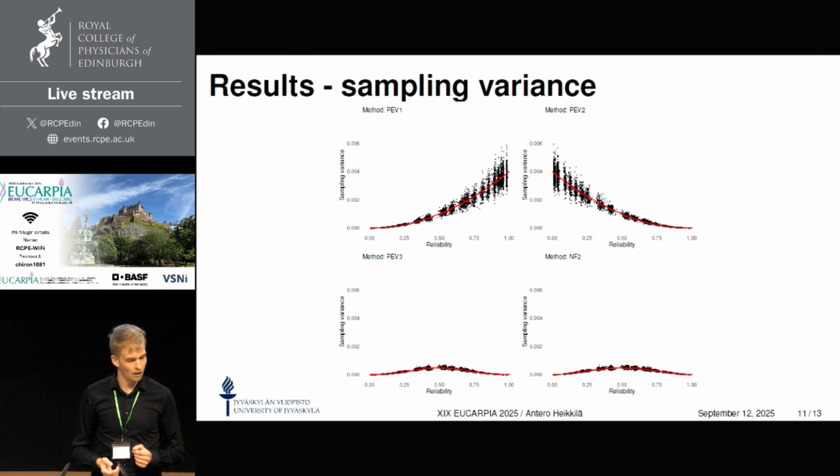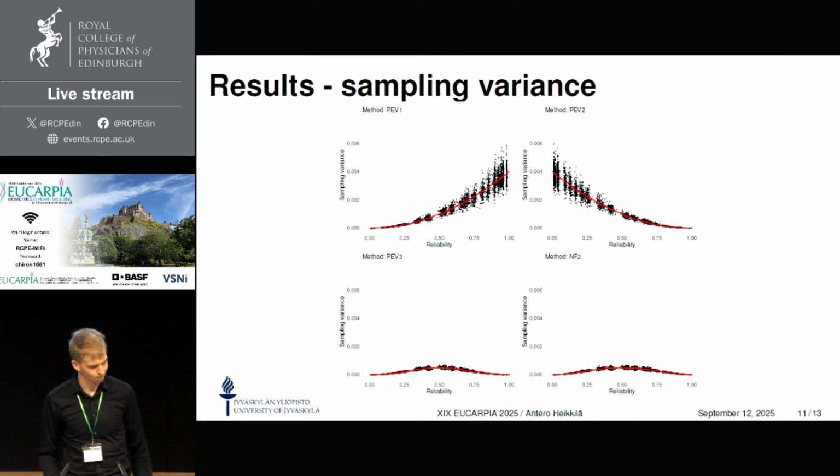In the top right corner, method PV2, the sampling variance decreases when the reliability increases, meaning that the higher the reliability, the less sampling variance there is in the approximation. The other 2 methods, PV3 and NF2 in the bottom, actually do have relatively low sampling variance in the whole interval.